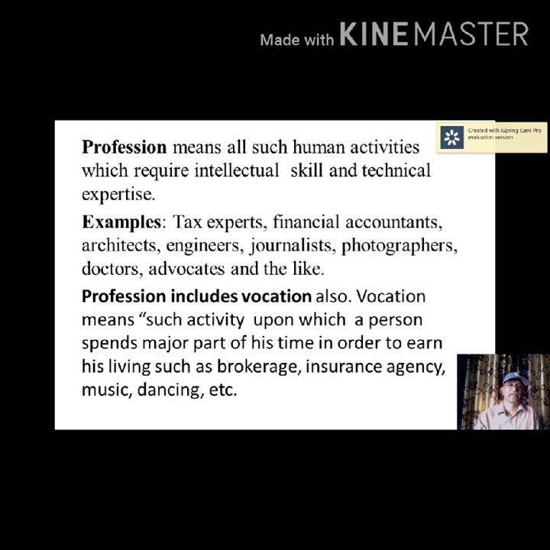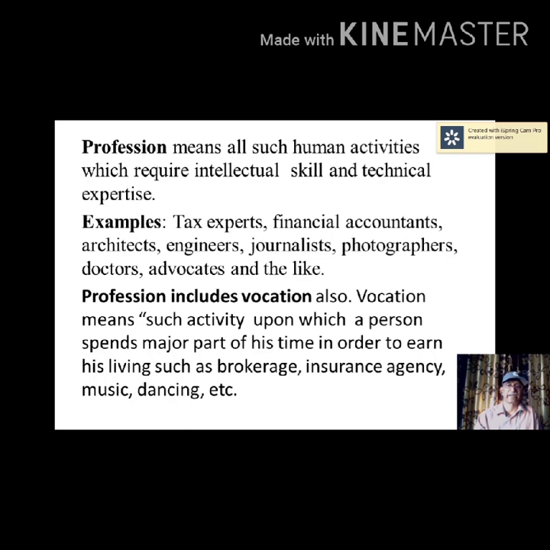Profession means all such human activities which require intellectual skill and technical expertise. Take the examples, say tax experts, financial accountants, architects, engineers, journalists, photographers, doctors, advocates, and the like.